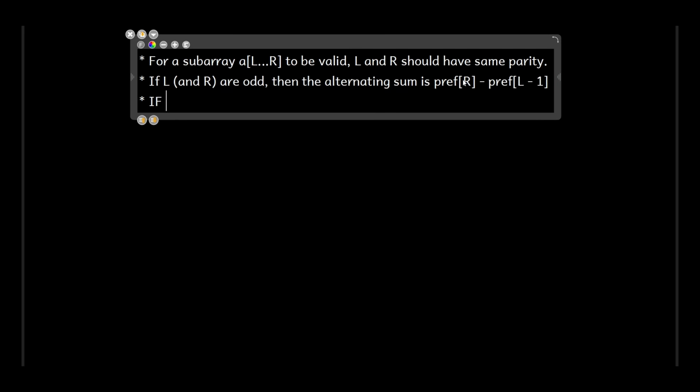And if L, and equivalently R as well, are even, then the alternating sum is prefix of L minus 1 minus prefix of R.